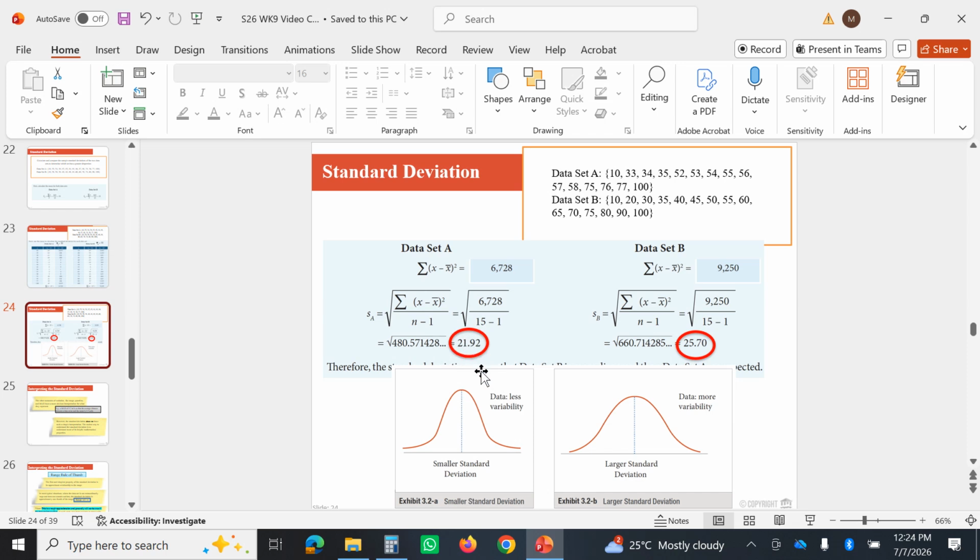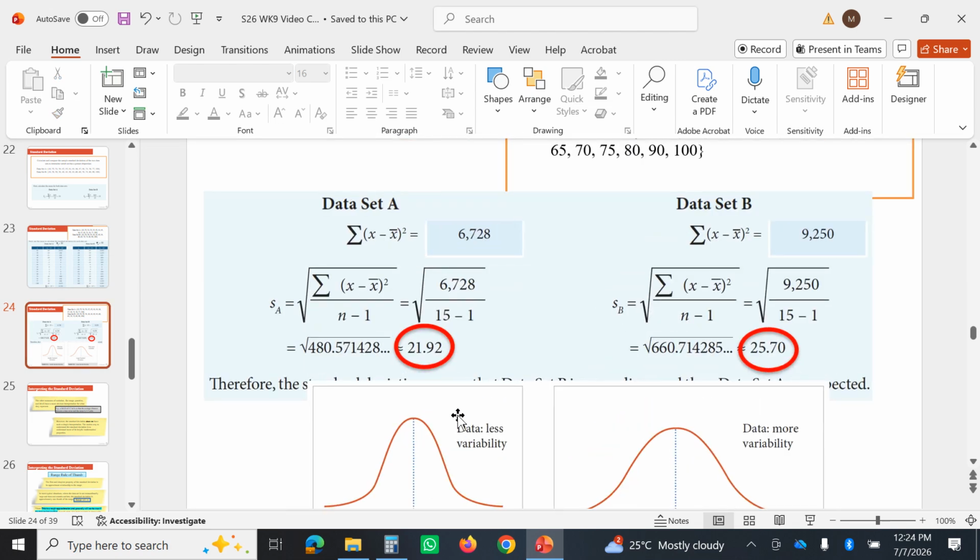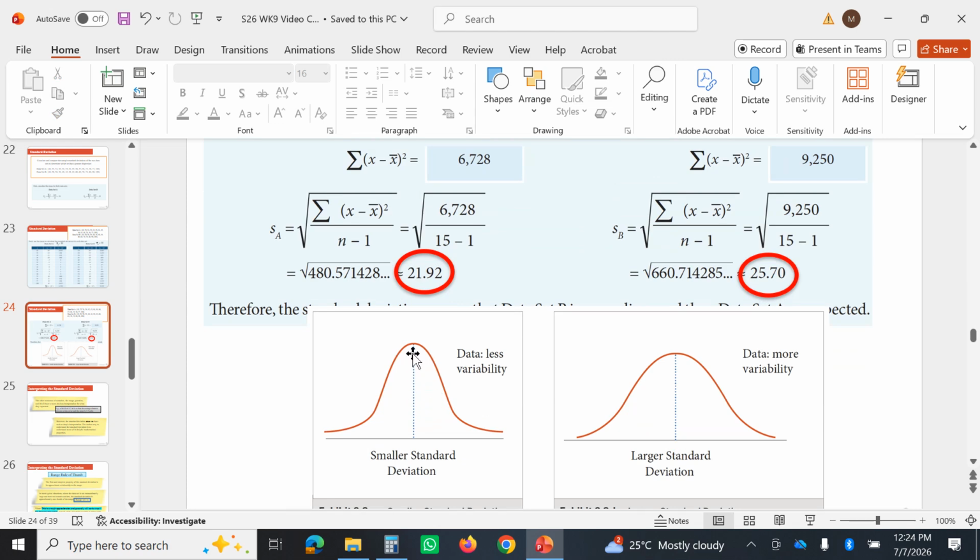Interesting. So what does that mean? The standard deviation is equal to 21.92. So there's the mean. The mean was 55. So go up 21.92. Let's just call it 22. Go up 22. So the first standard deviation would be at 77. 55 and 22.